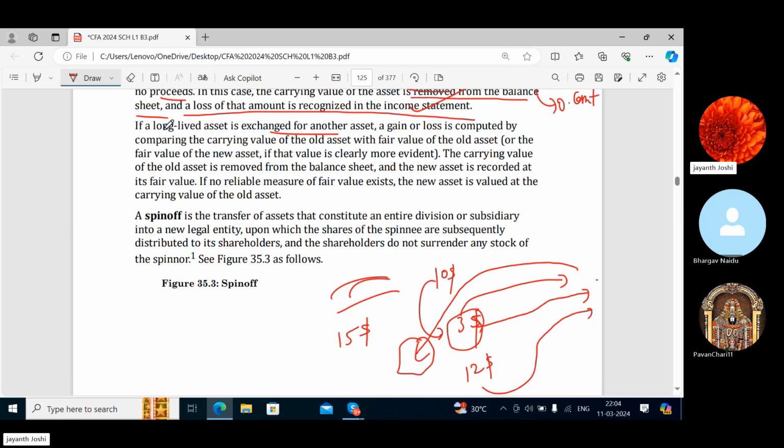Am I right? So if a long-lived asset is exchanged for another asset, a gain or loss is computed by comparing the carrying value of the old asset with the fair value of the old asset.